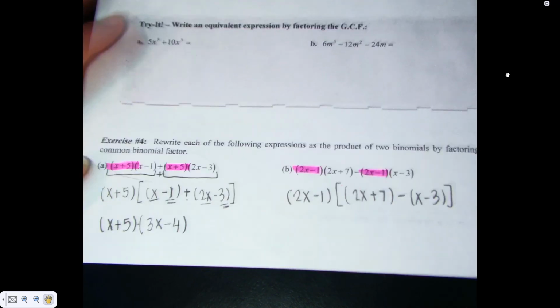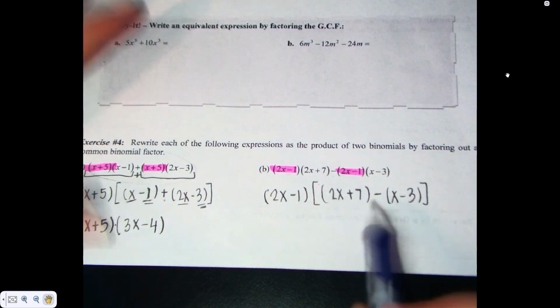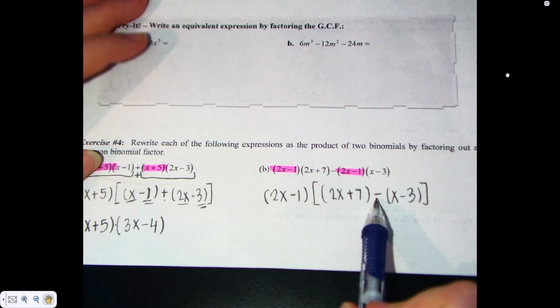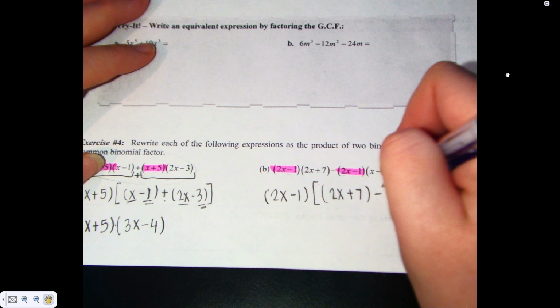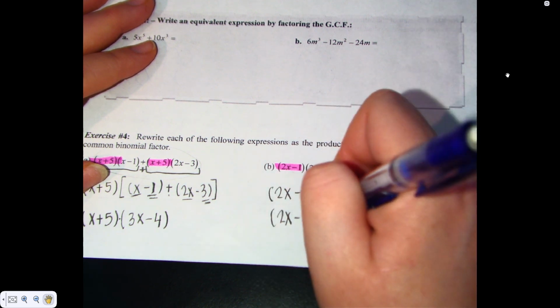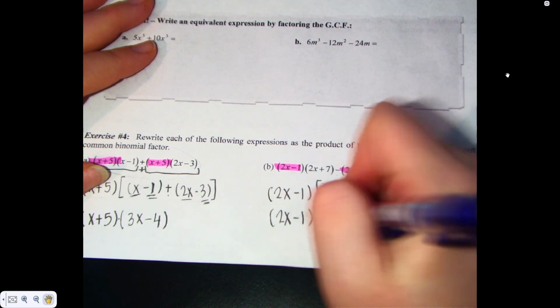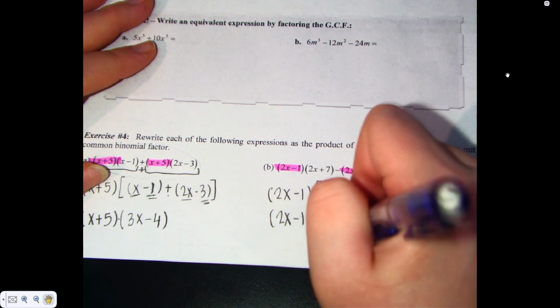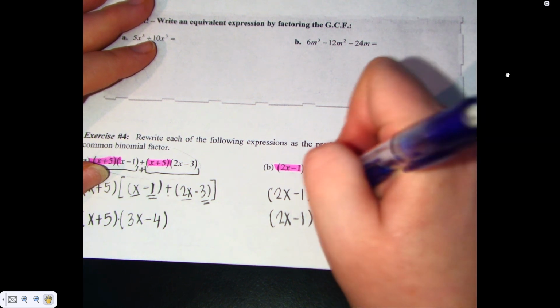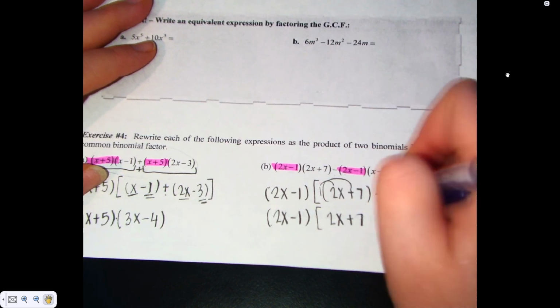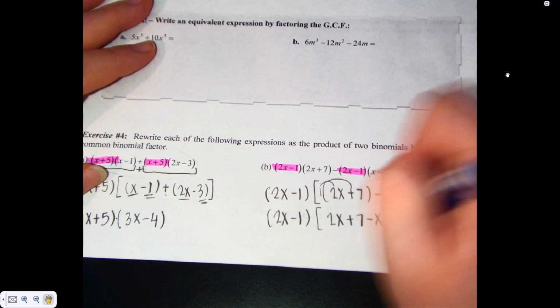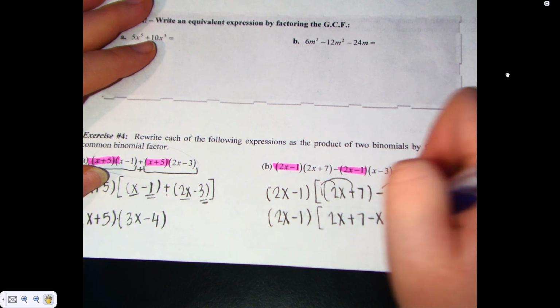Now notice this one's a little tricky. Ooh, because I have a negative in front of this right here. So that means I'm going to distribute it. Okay, so I rewrite what I didn't touch yet. 2x plus 7, I'm just going to lose my parentheses because if I distribute this 1, it's just 2x plus 7. Now I'm going to say minus x after I distribute that negative, plus 3.